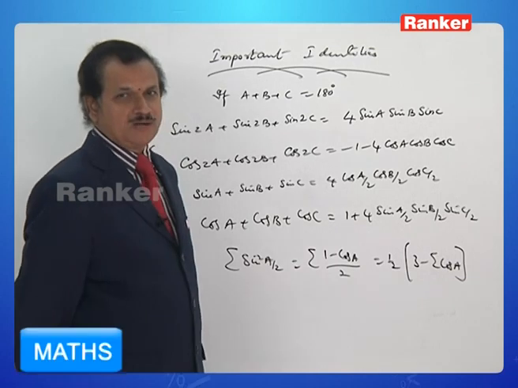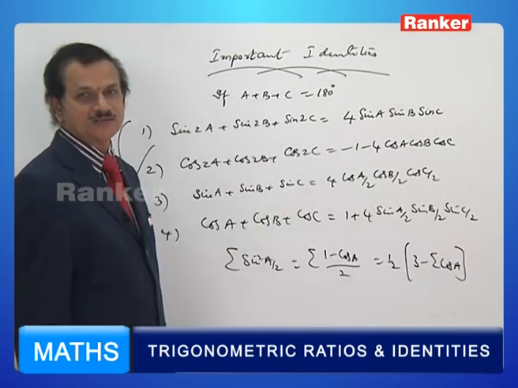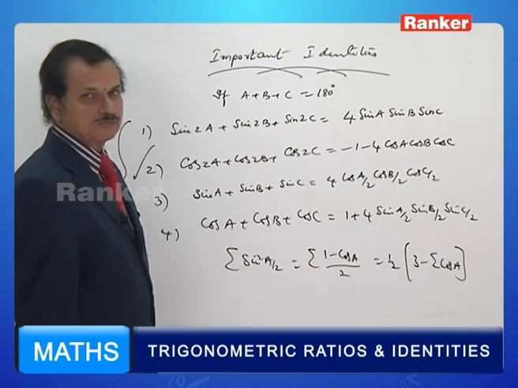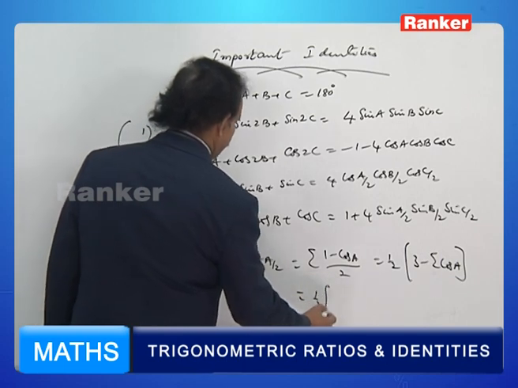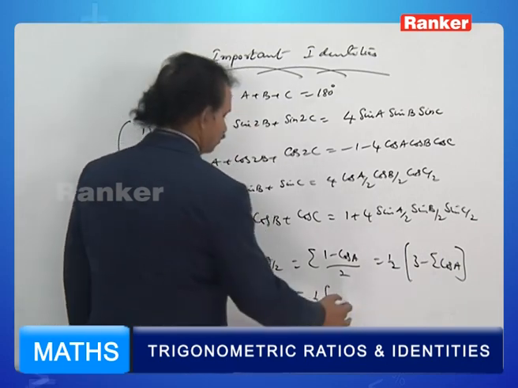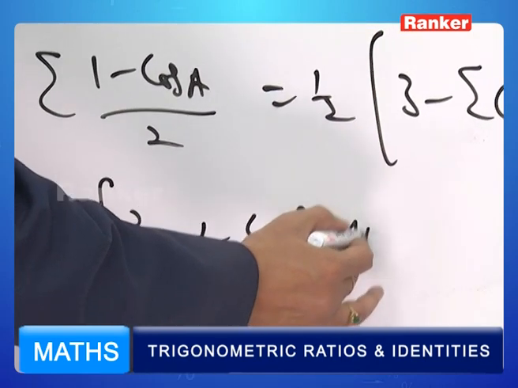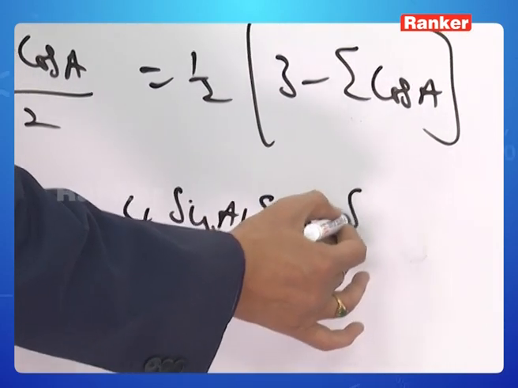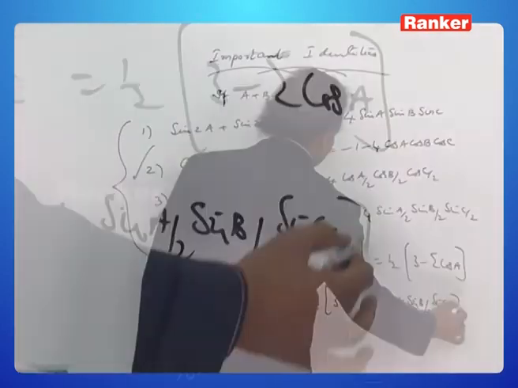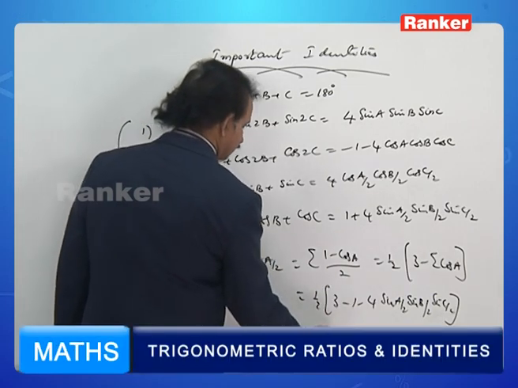Okay, what is sigma cos A? Cos A plus cos B plus cos C. We have already obtained it: 1 plus 4 sin A by 2 sin B by 2 sin C by 2. Hence the answer is half into 3 minus 1 minus 4 sin A by 2 sin B by 2 sin C by 2. 3 minus 1 is 2, half of 2 is 1.